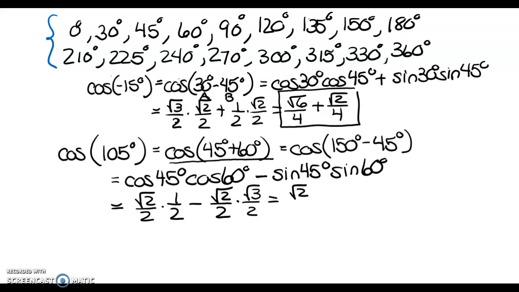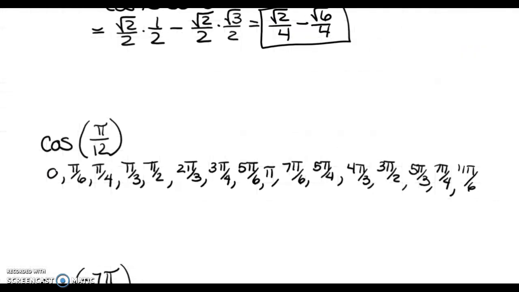So I end up with radical 2 over 4 minus radical 6 over 4. And that is the exact value of the cosine of 105 degrees. You could plug cosine of 105 degrees in your calculator and then this, and those two values will be equal.